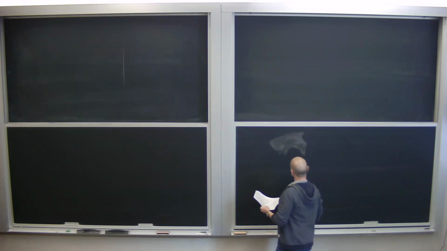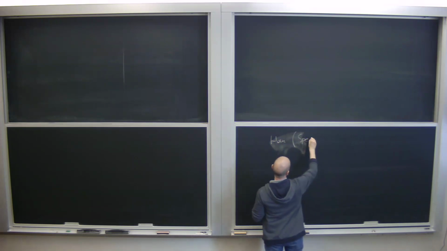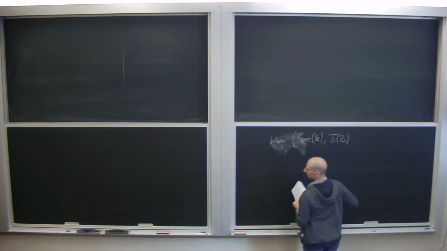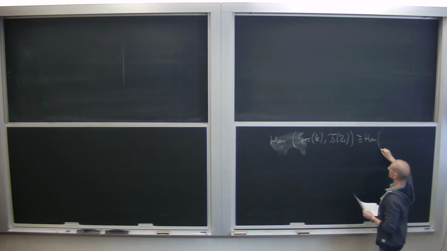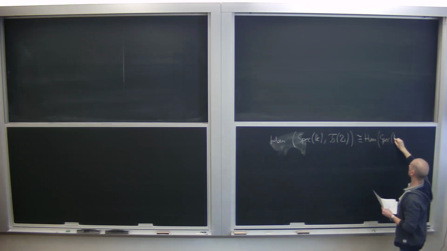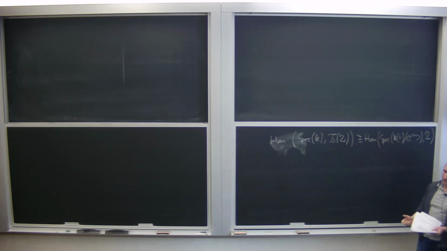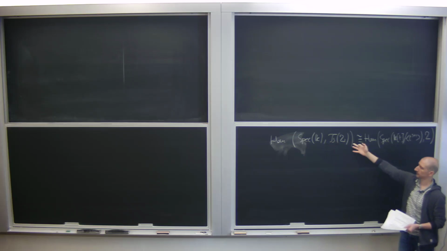You can think that the K points on your order S jet scheme parameterize, exactly as you were saying, these points into Z. And in fact, the jet scheme is the space that represents this functor right here.